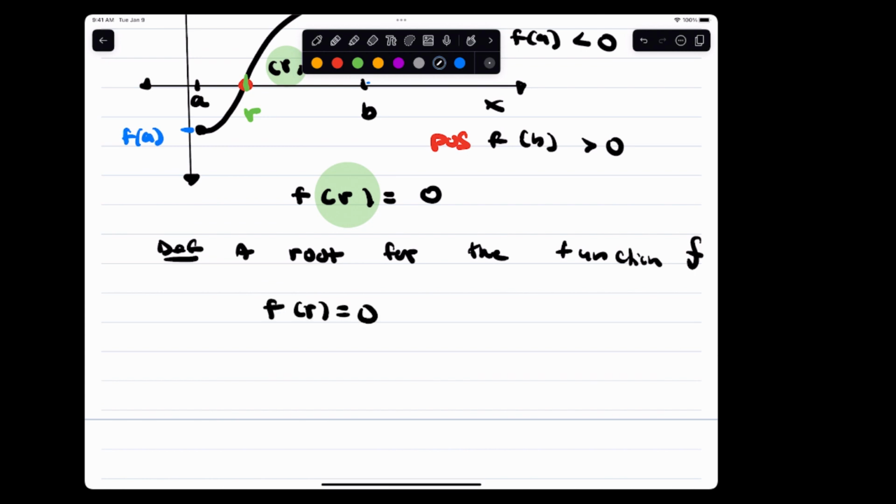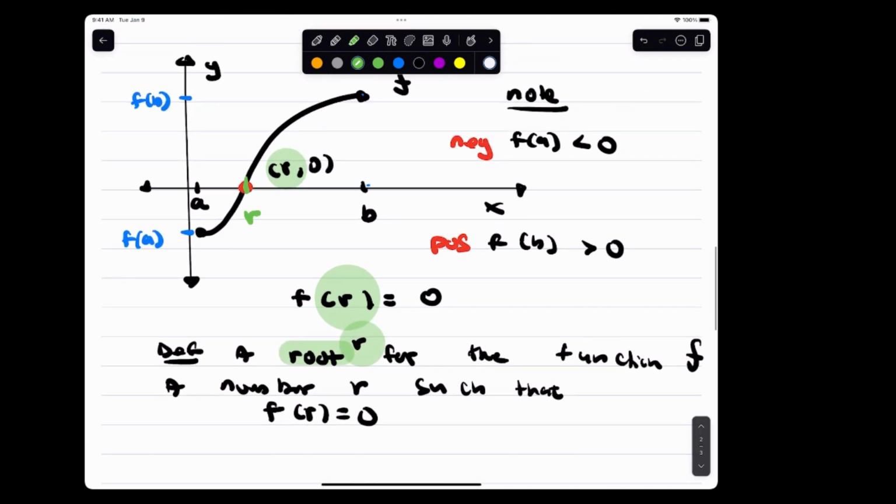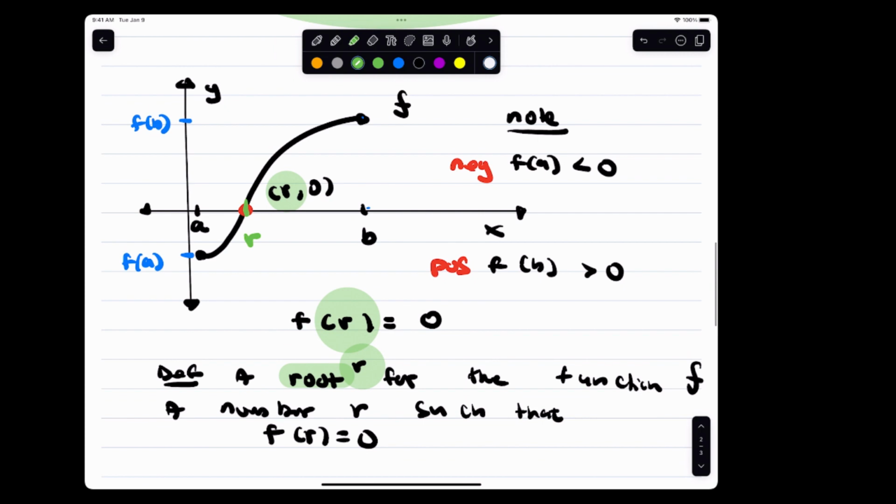That's a number r such that f of r equals 0. This is what we call a root of a function. That's by definition. So we care about those roots. We care about the zeros of a function. We really like those locations. It helps us a lot.